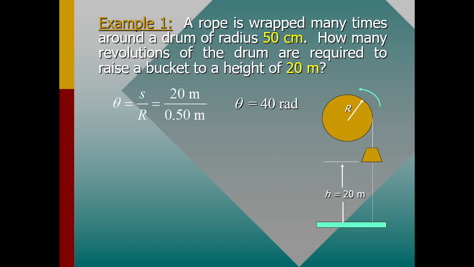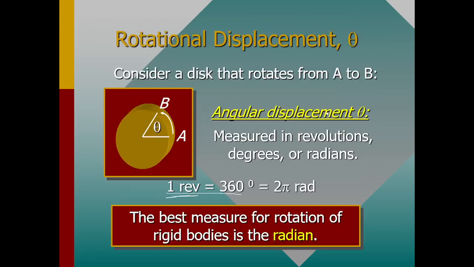So what you're going to do is simply use the formula. You're going to find the angular displacement. Guys, let's go back and look at this. This is the angular displacement, the theta here, and we are looking for the revolution.